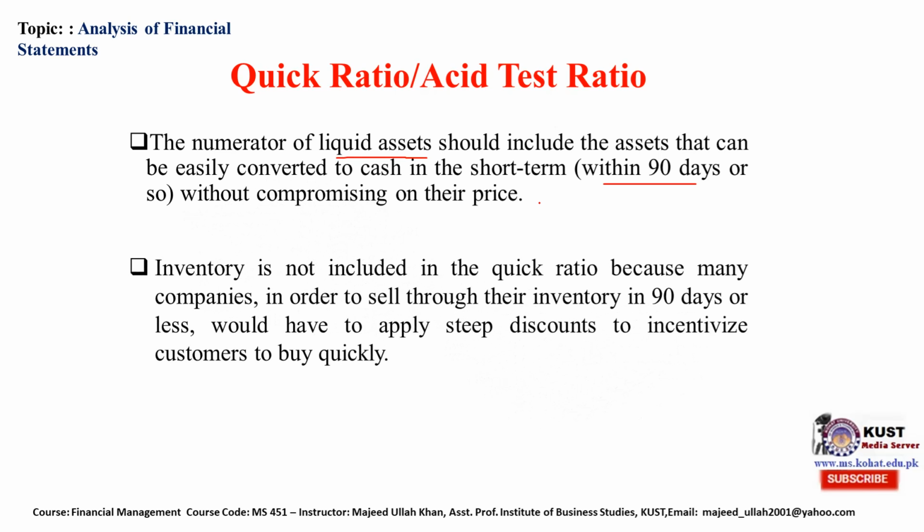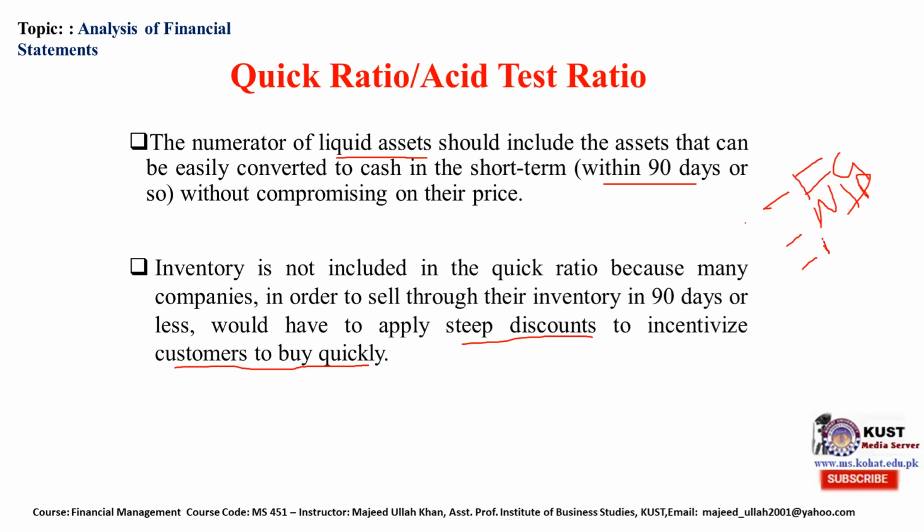Secondly, inventory is not included in quick ratio. Why? Because many companies, in order to sell through their inventory in 90 days or less, would have applied steep discounts to incentivize the customer to buy quickly. Inventory contains three things: finished goods, work in process, and raw material.